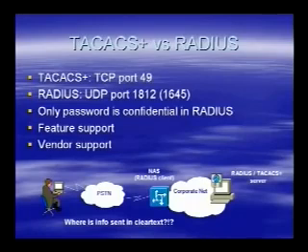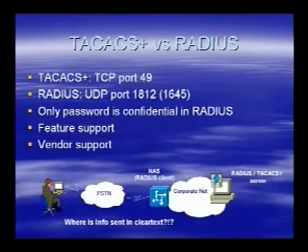Only the password is confidential in Radius, and when people ask, well, which one should I use, I think the answer comes down to more of, well, what features are supported, and what is the vendor support like? So I think those are the most important things in terms of what attributes are supported, and if you have a variety of different equipment, or you're using an NT environment, and money comes into play.